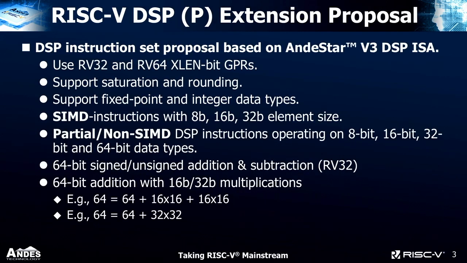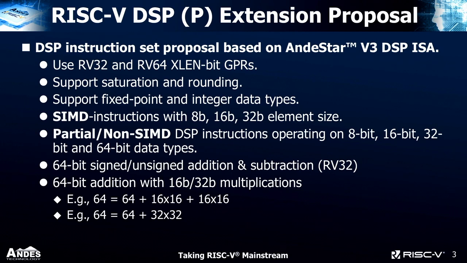The proposal is based on the ND Star V3 DSP ISA we have developed, switching to the RISC-V instruction set. We want to use general purpose registers for the SIMD instructions. It supports saturation and rounding, and it supports fixed point and integer data types. For SIMD instructions, it supports 8-bit, 16-bit, and 32-bit element sizes.